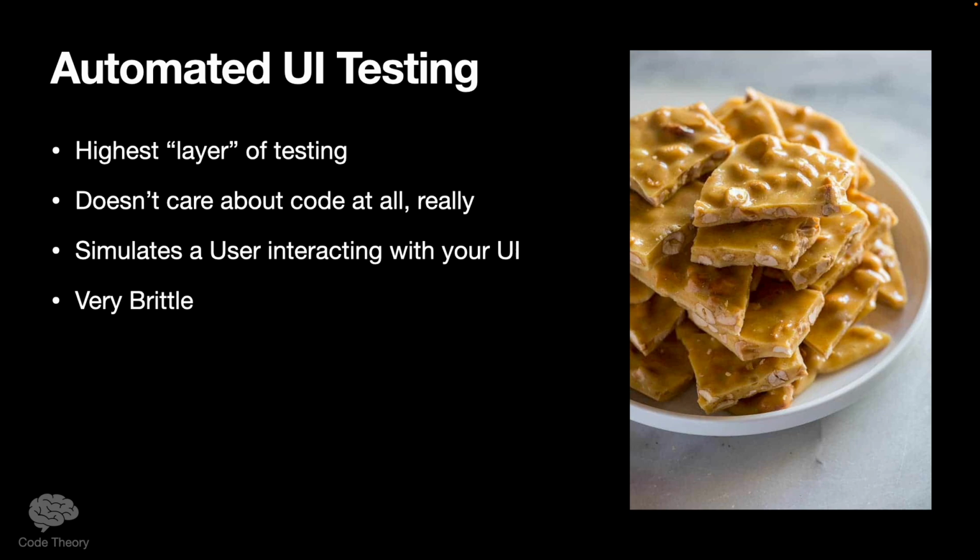So depending on how the user interface test is set up, depending on its underlying technology, you might end up with a situation where if you move a button 3 pixels to the left, your test breaks, right? Which is, of course, not intended behavior. You don't care if the button is 3 pixels to the left. But the UI test might, depending on how it was written. So you need to be very careful with them because they are very brittle.